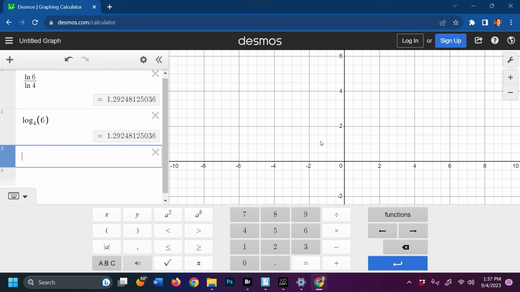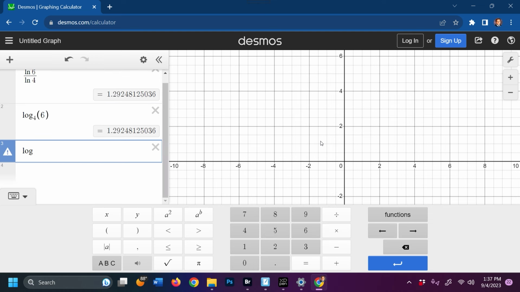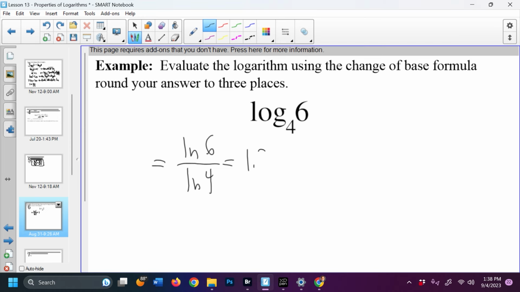Or if I go log and then hit shift and then the underscore button, that'll push it down into a subscript with a 4, and then I can go up top and enter a 6 and still get that same value. Rounded to 3 places it is 1.292, and that is my final answer for that problem.